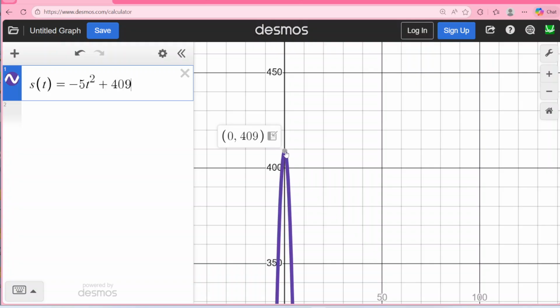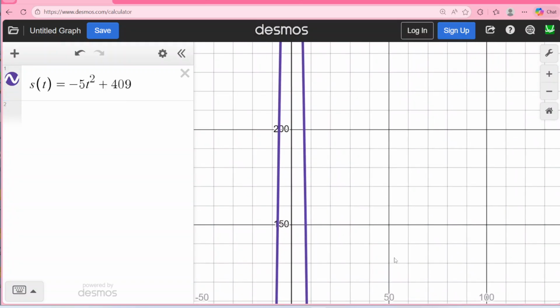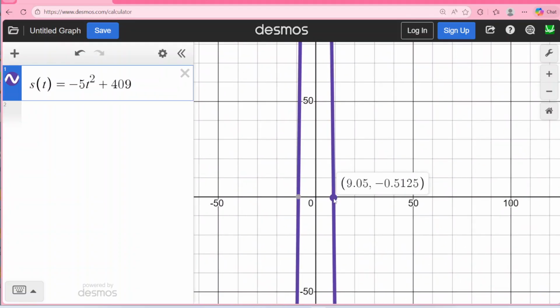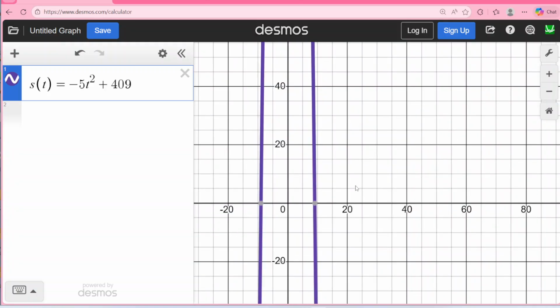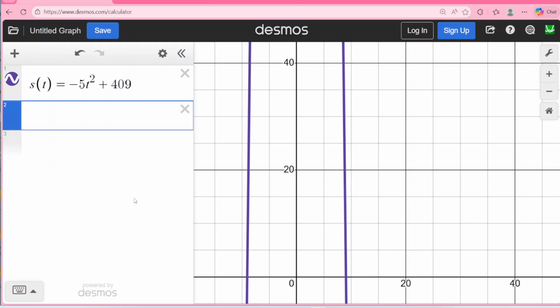And you can see 0, 409 at the top here, parabola opening down, and eventually hitting the ground, there's where it's hitting the ground around here somewhere. All right. But we're concerned with when t equals 2. So what's s of 2? All right, so it's 389.